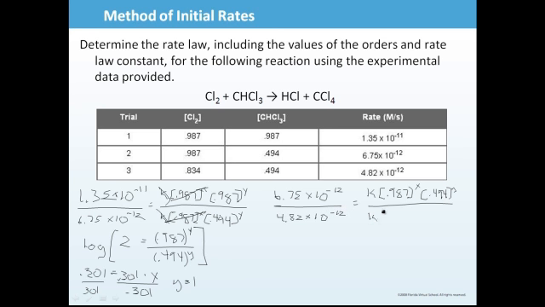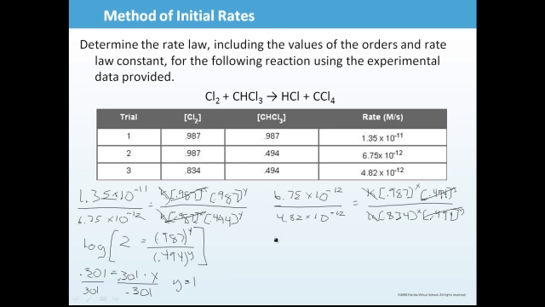And then we've got K. Okay, and this time it's the Cl that's changing, so it's 0.834 to the X times 0.494 to the Y. Okay, so again, K is the same, so that's canceling out. The 0.494 expression is exactly the same, so that's canceling out.